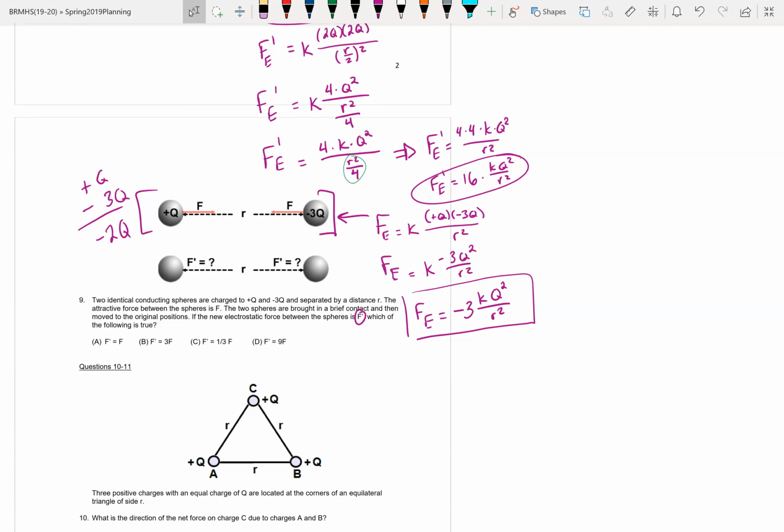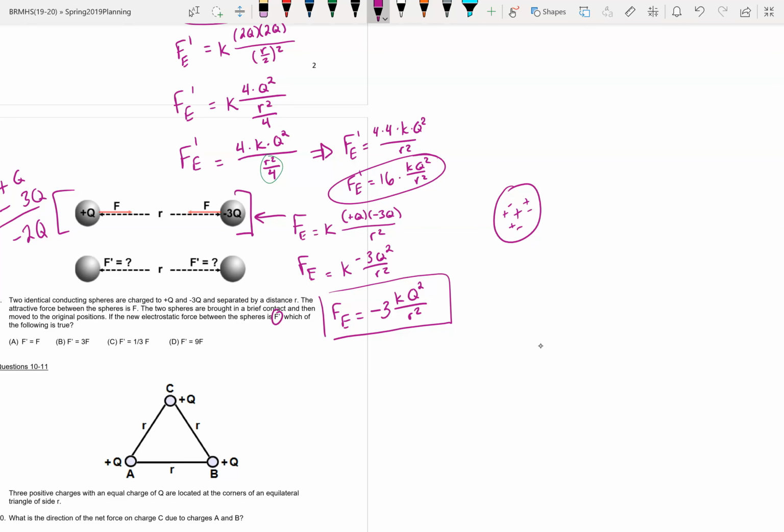Kind of like pouring cold water into some hot water, the temperature is going to balance out somewhere in between. So if I have a plus Q, maybe I have a bunch of pluses and minuses in here, but we're missing an electron, so this is an extra plus sign in there. And then it's going to touch another sphere that has minus 3Q, so it has an extra 3 minus signs in there. So there's the minus 3Q, and here's the plus 1Q.